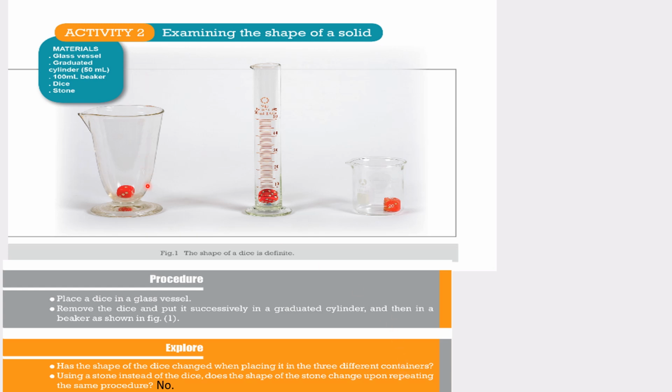Do you think the shape of the dice changed? Of course, no. The shape of a solid is definite. Solids have definite shape, so their shape will never change when we put them in any kind of container.